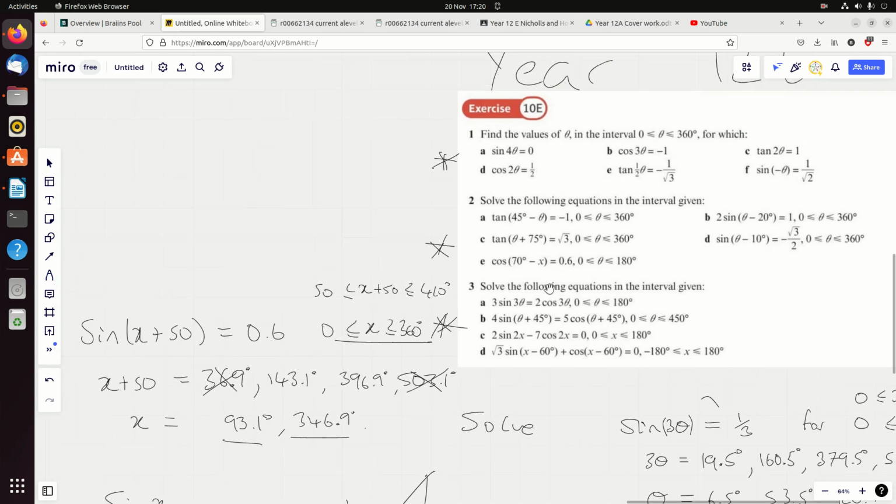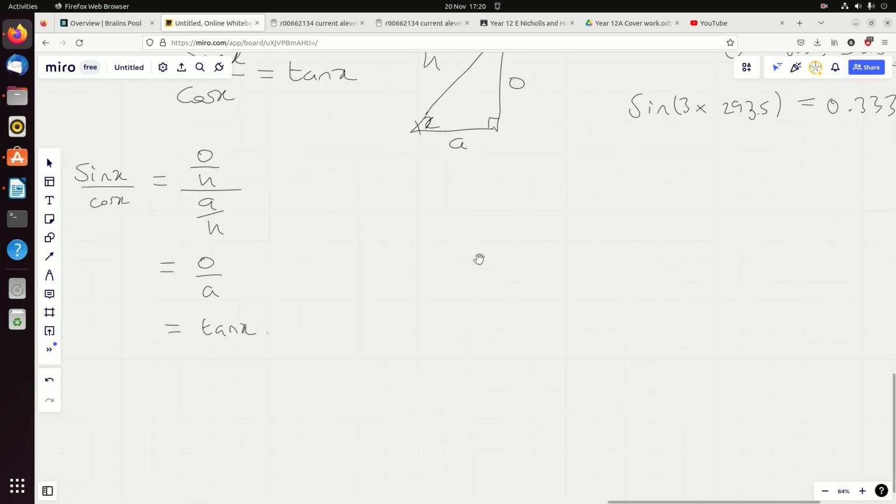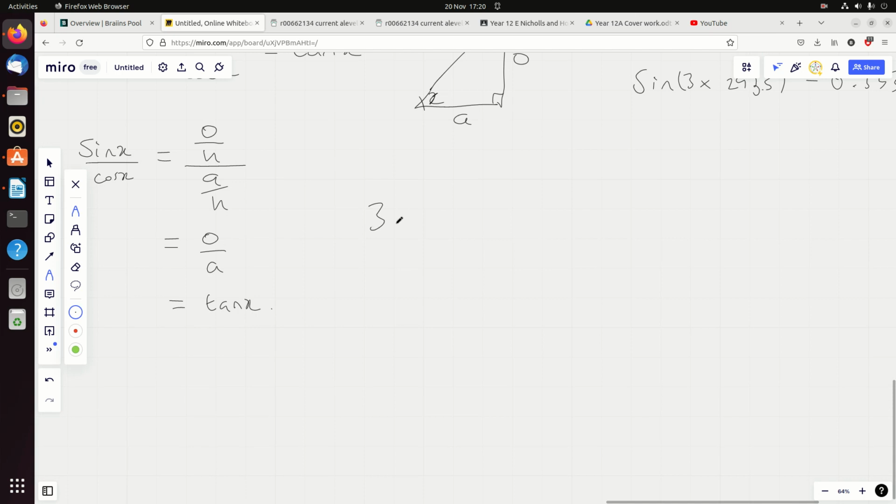Now I'm going to need that in this third question, because if I take, for example, let me just make one up, 3 sine 2x minus 2 cos 2x equals 0, and we solve this from 0 to 360.